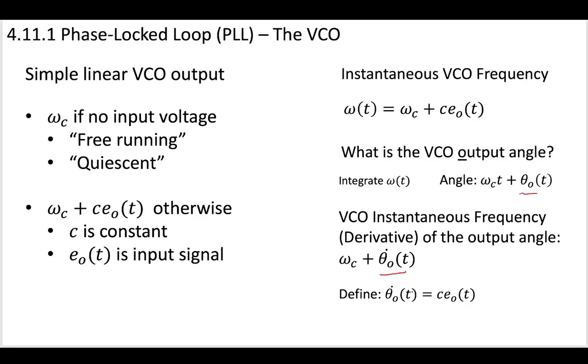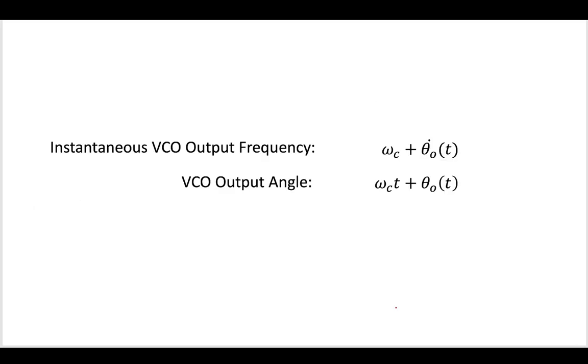So this input signal is the derivative of the output phase. So the combination of this is that we have an instantaneous output frequency, which is the free running frequency plus the derivative of the phase, and the output angle is the free running frequency varying with time plus the output angle varying with time.